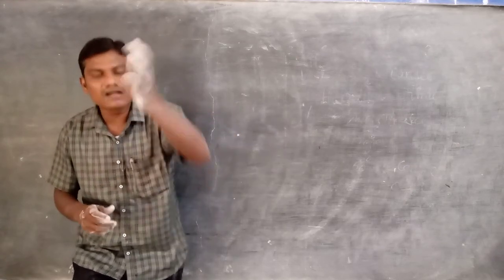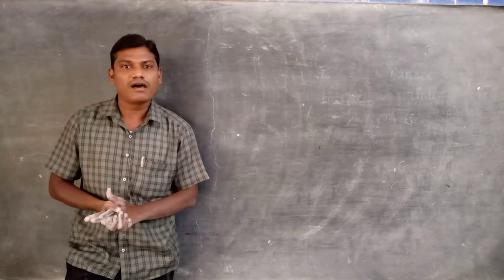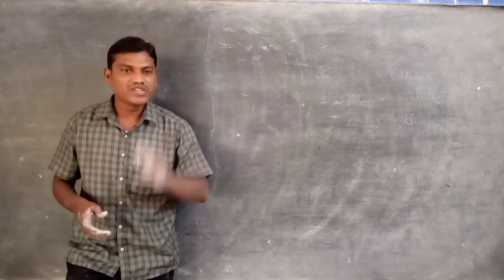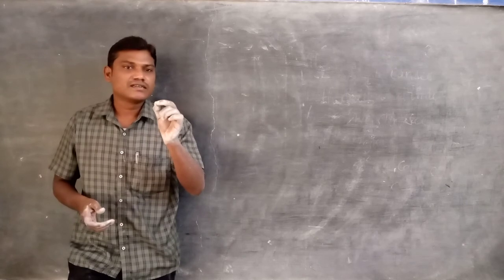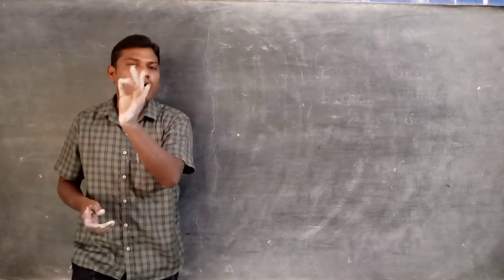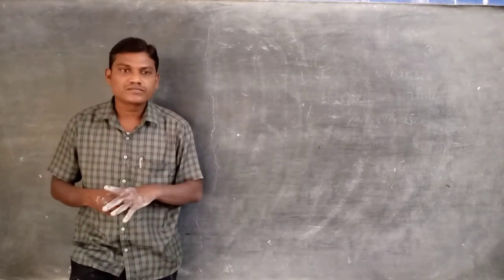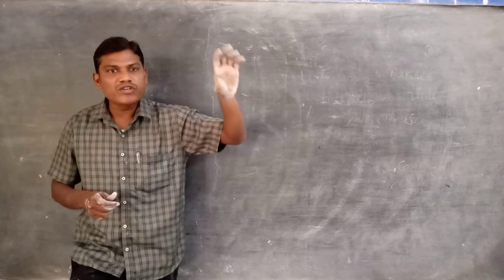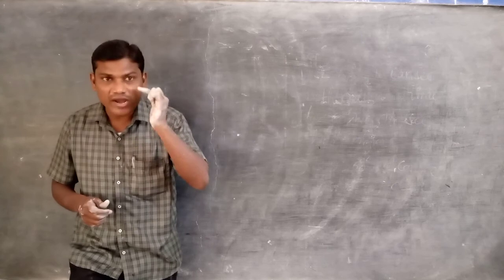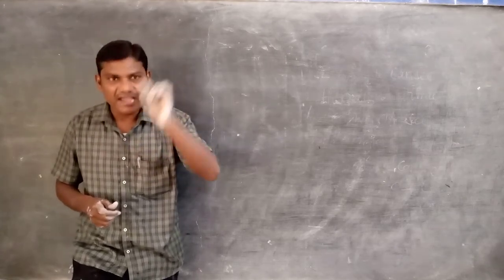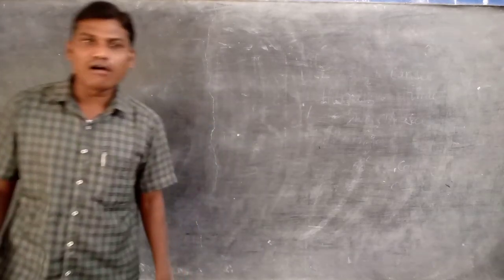That angle is called vision angle or angle of vision. Listen very carefully. The angle at which we can see the whole object is called angle of vision or vision angle. Or the rays coming from the extreme ends of the object make an angle at our eye. That is also called angle of vision.